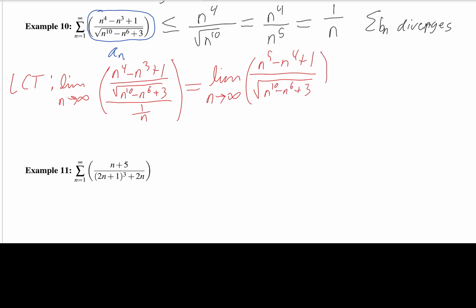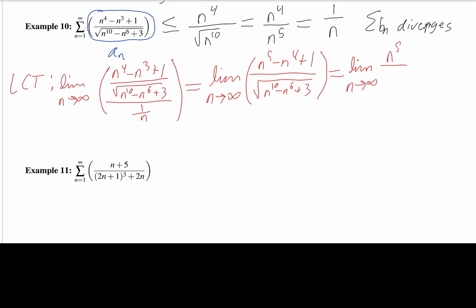So again, going back to 152, one way to look at these limits as n goes to infinity, when we have polynomials or even square roots of polynomials, is to look at our dominating term, our highest degree. So this is the limit as n goes to infinity. On top, we have n to the 5th dominating.